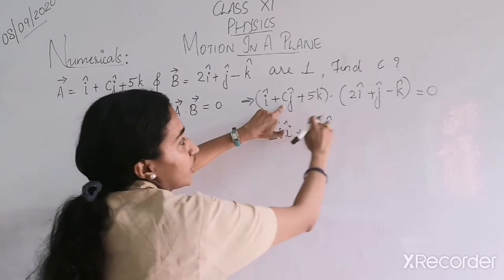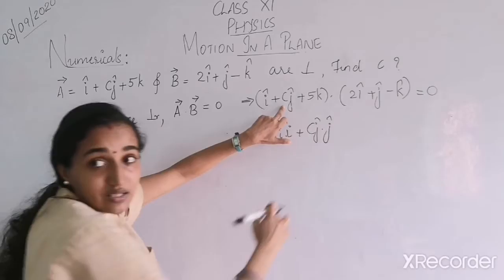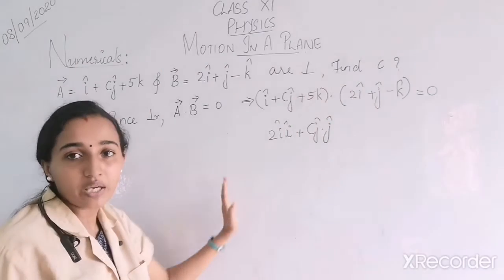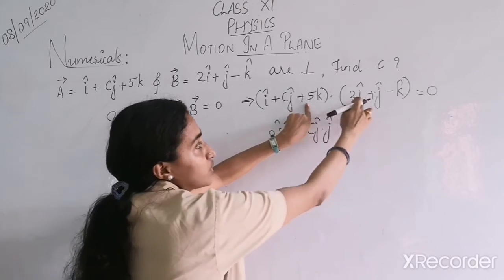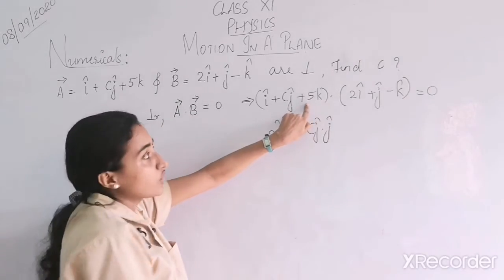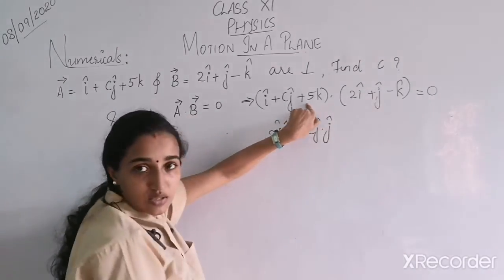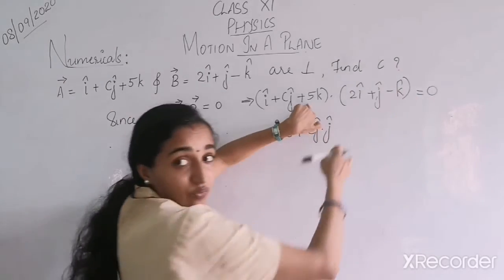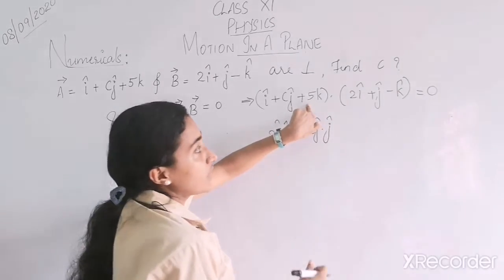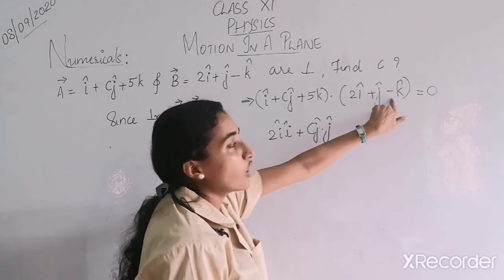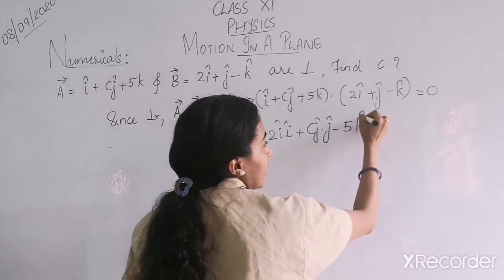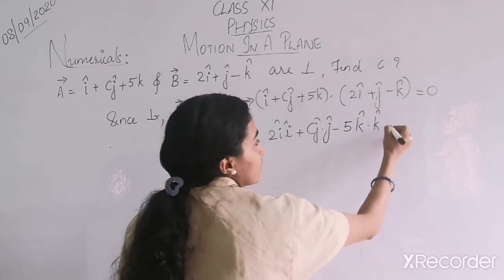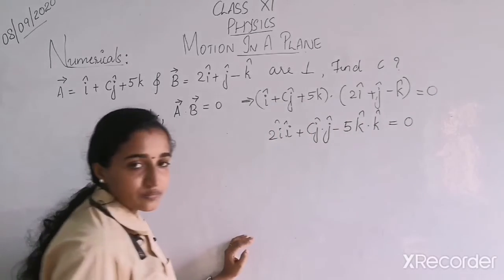Then again third, when you multiply j dot k, it will be 0, so third term will also be 0. Now with 5k, 5k into 2i: k dot i is 0, k dot j is 0. Now the k dot k term will only remain, isn't it? So that will be 5k dot minus k, so it will be minus 5 k dot k, which will be equal to 0.